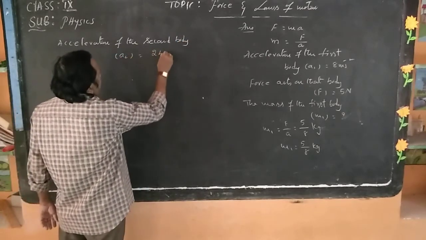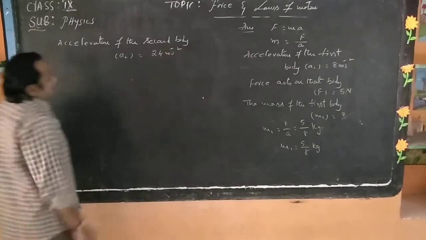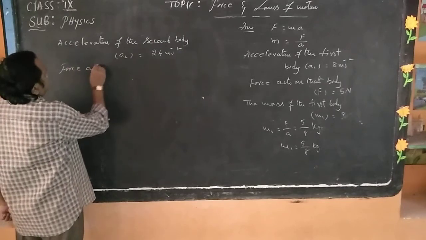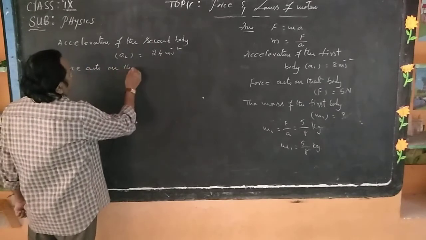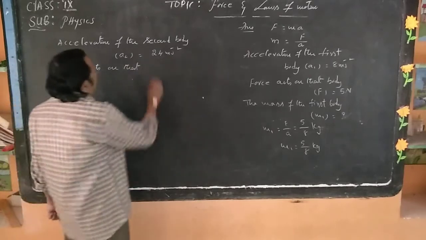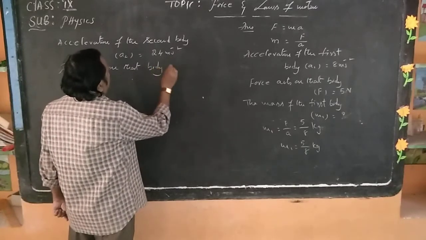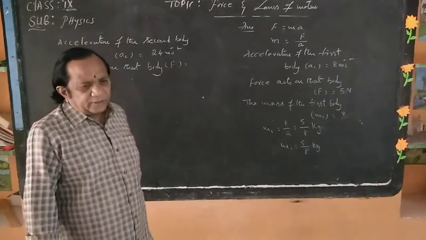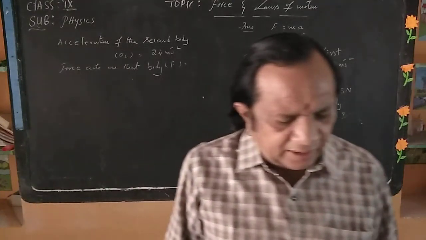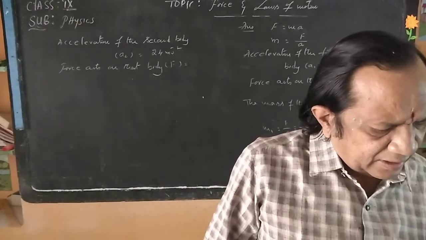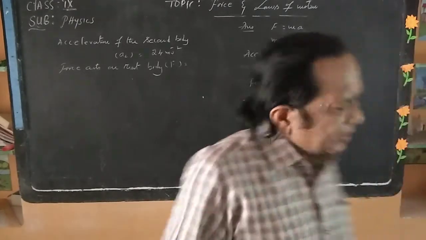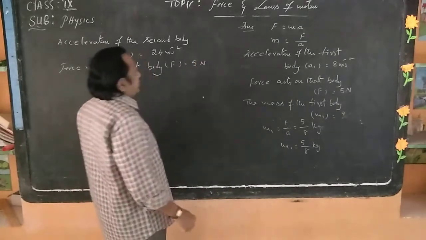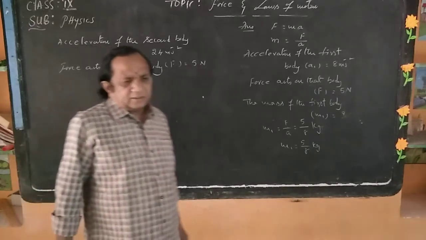A2 is equal to how much? 24 meter per second square. The force acting on that body, F is equal to how much? 5 newtons. The force acting on that body is given as the same, 5 newtons. So the force will be the same, but the bodies are different.